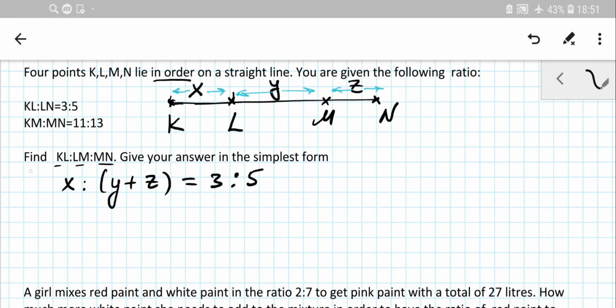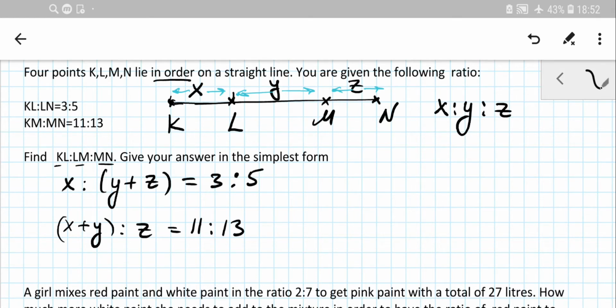KM is simply X plus Y to MN, which is Z, equal to 11 to 13. Our final goal is to find X to Y to Z.